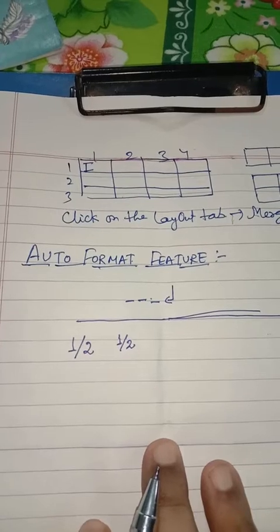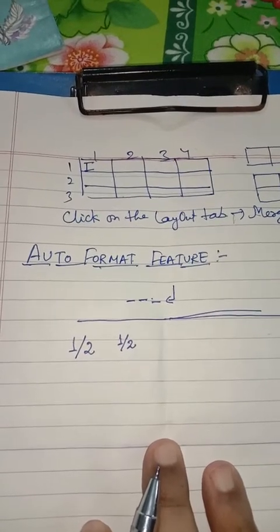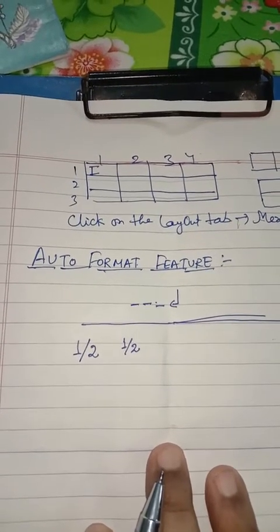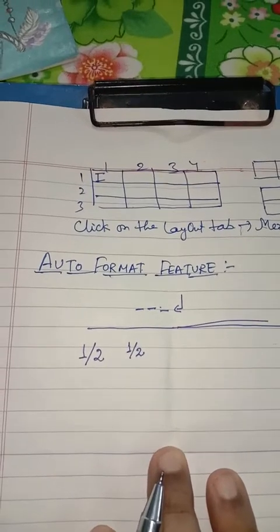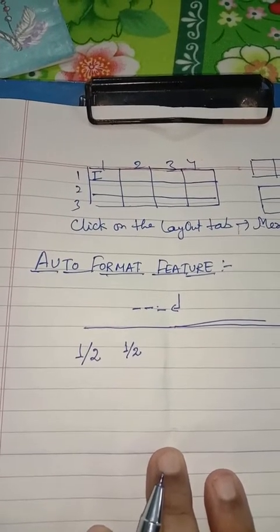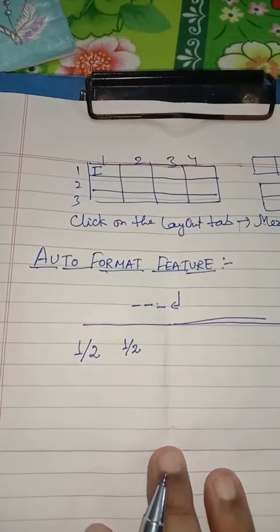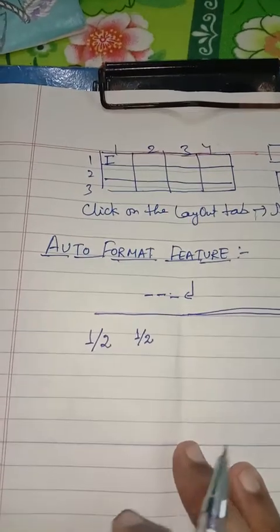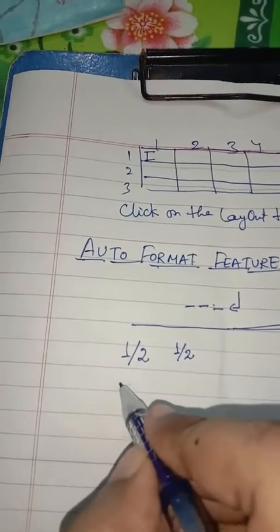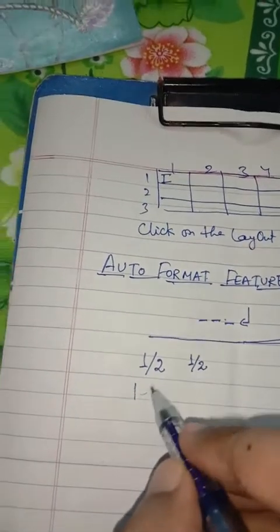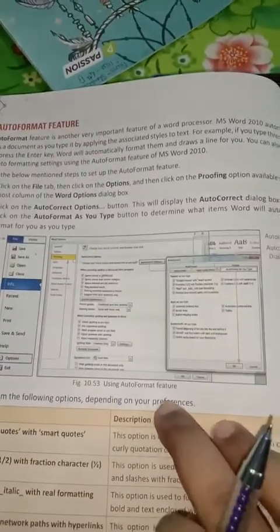These are inbuilt texts. We can also create our own auto format text according to our needs. So how can we create our own auto format? For this, first of all, move to the File tab. I am showing you the options in the book only.